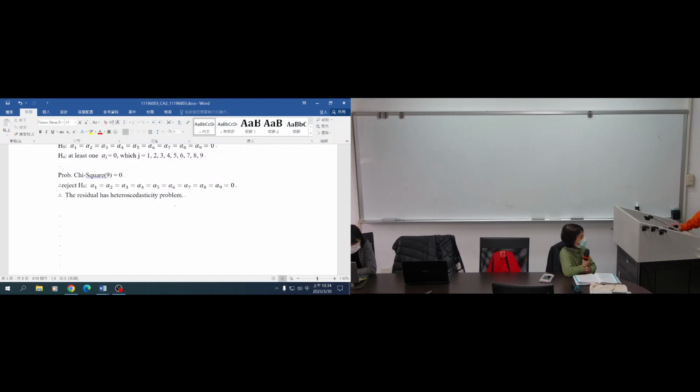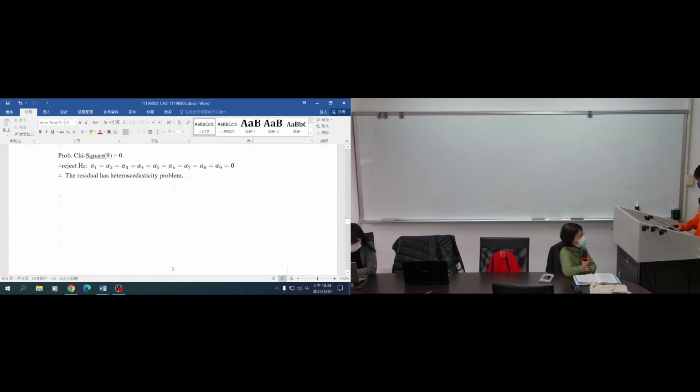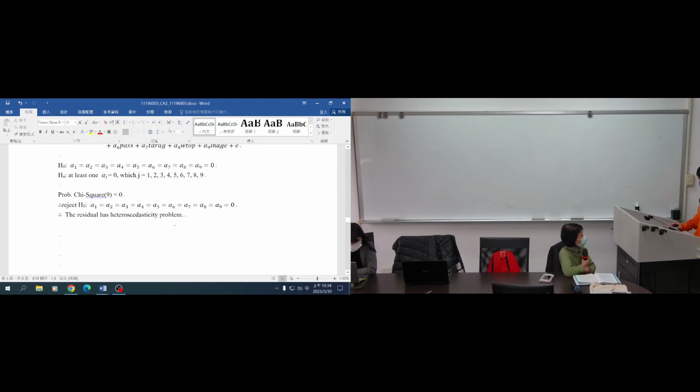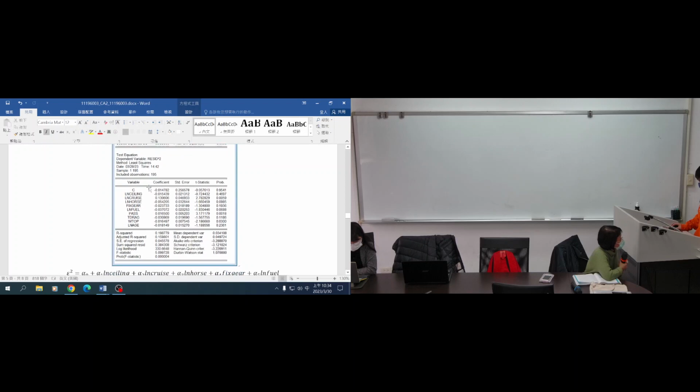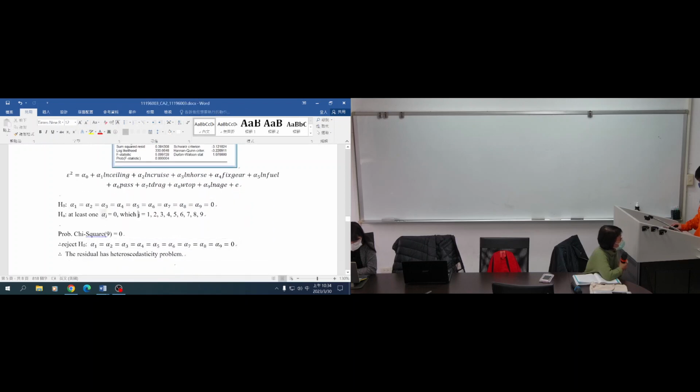I was kind of confused. But the result here is correct. So this one is correct, but the alternative hypothesis is at least one alpha j not equal to 0. Oh, that's why. Okay, here, like this.